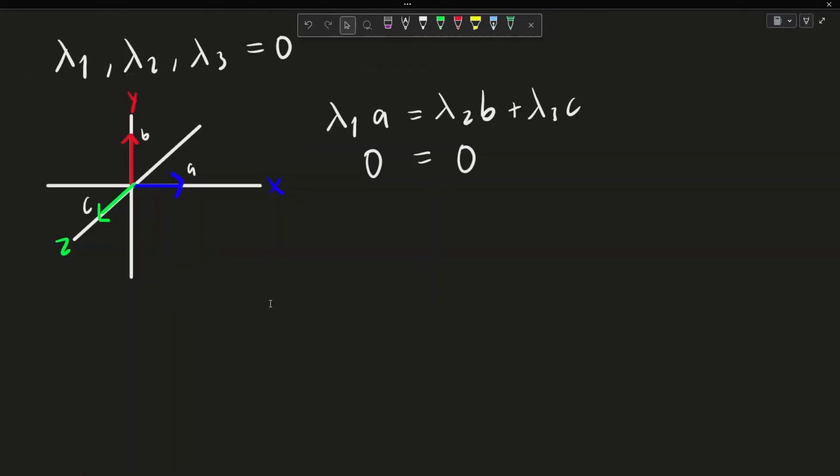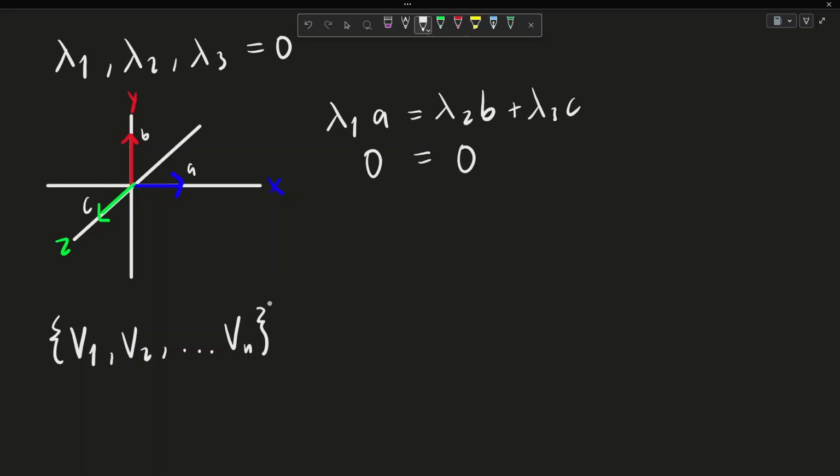So just to recap, broadly speaking, let's say we have an arbitrary number of vectors, which we'll number v1, v2, all the way through to vn, and these are just all of our n vectors. And so we want to see whether or not these vectors are linearly independent. In order to check that they're linearly independent, we have to check for ways that we can add them to equal 0.